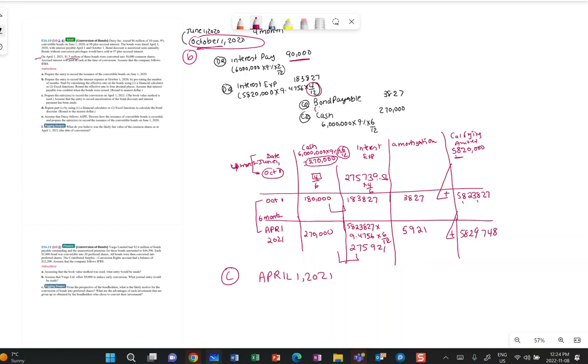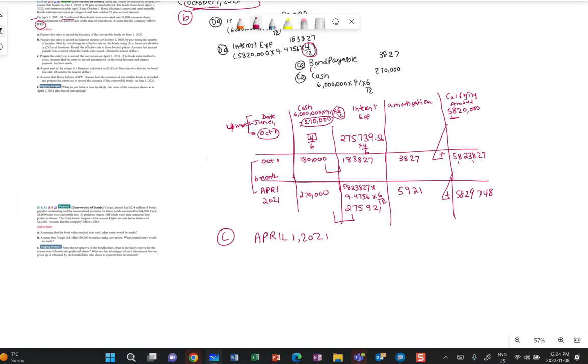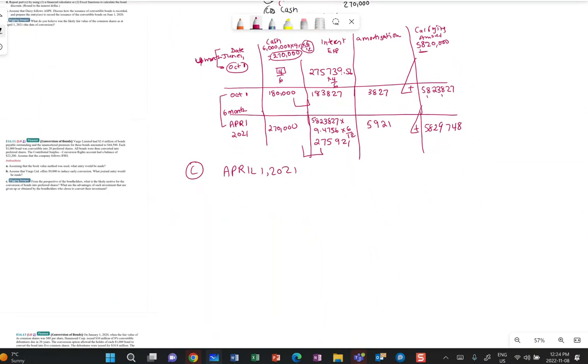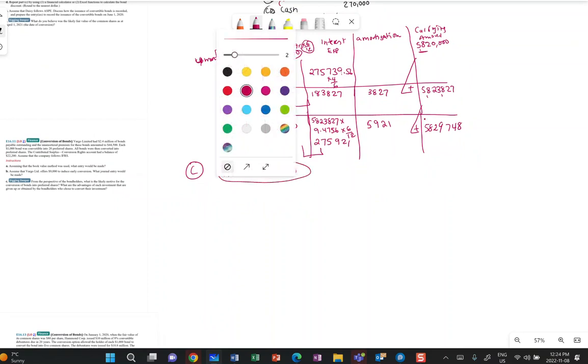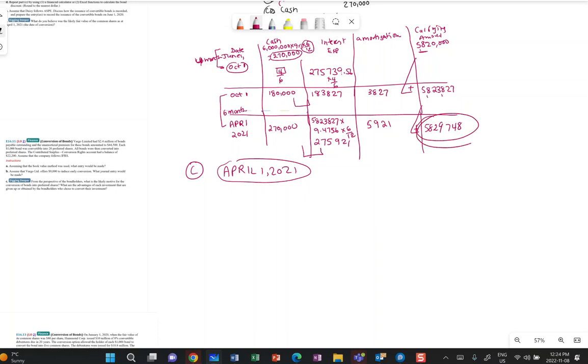The question says to assume that the company follows IFRS. So at the time you convert, what will be the entry? First thing we need to know is the value of our bond.